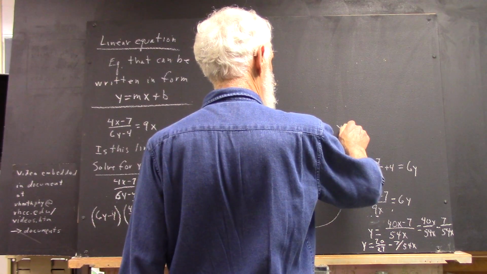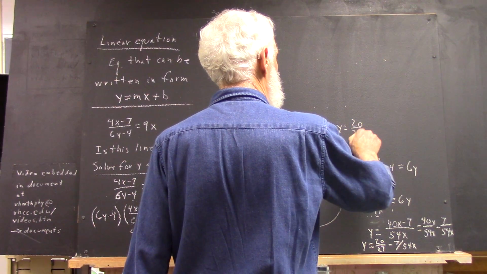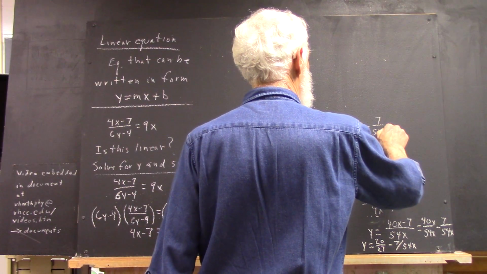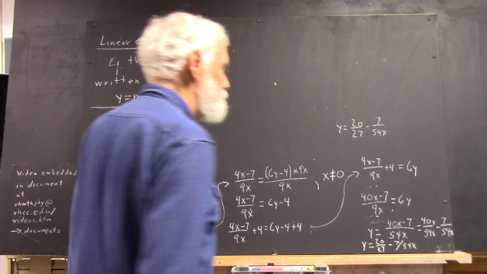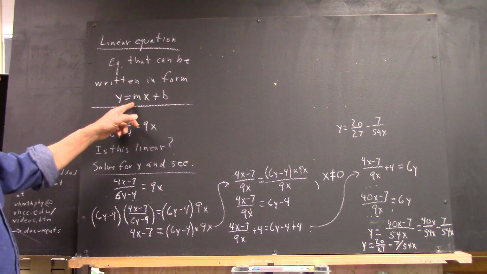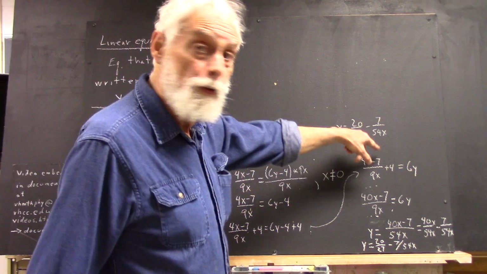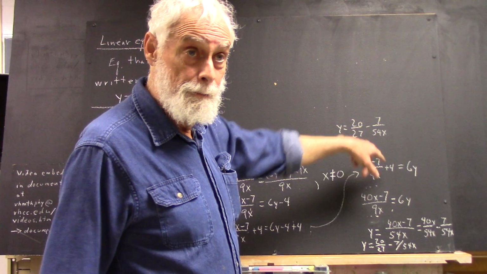I'm going to write that up here. Y equals 20 over 27 minus 7 over 54x. Okay, is that in this form? Well, no, it's got to be a multiple of x, not a multiple of 1 over x, right? Okay?